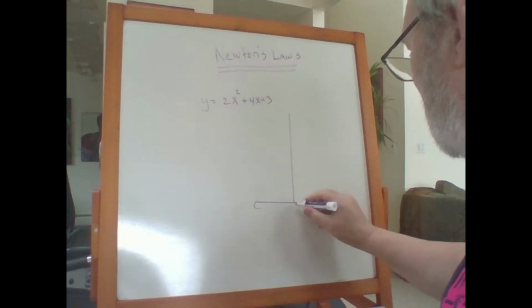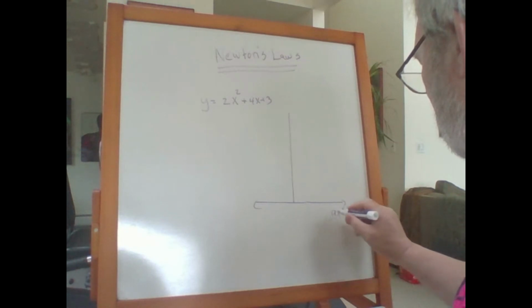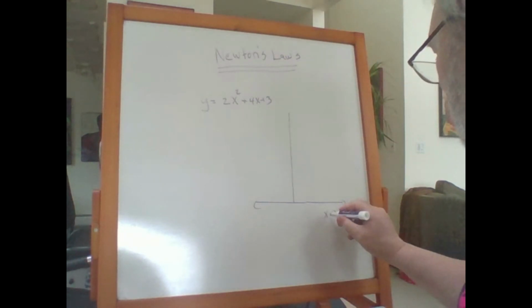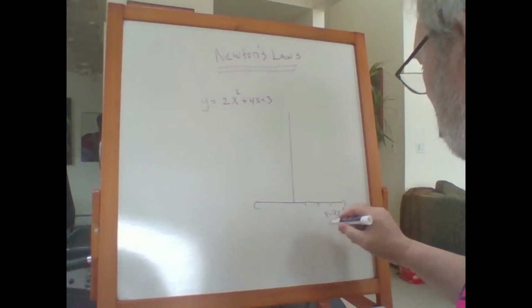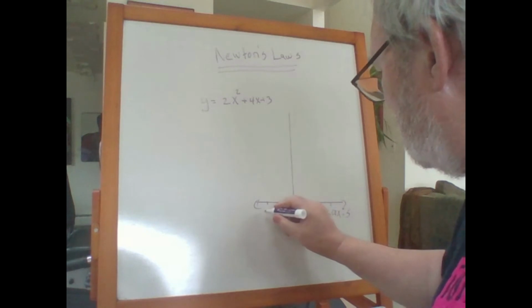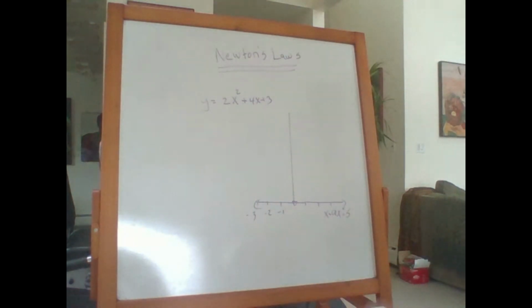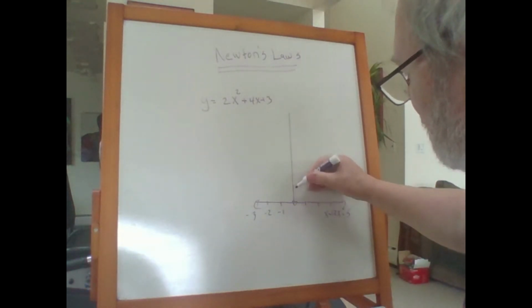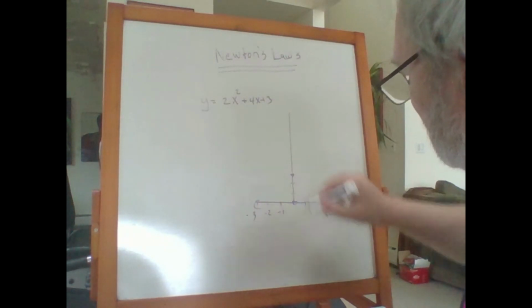This is the x-axis, and we have 1, 2, 3, negative 1, negative 2, negative 3, 0. And when x is 0, y is 3, right there.